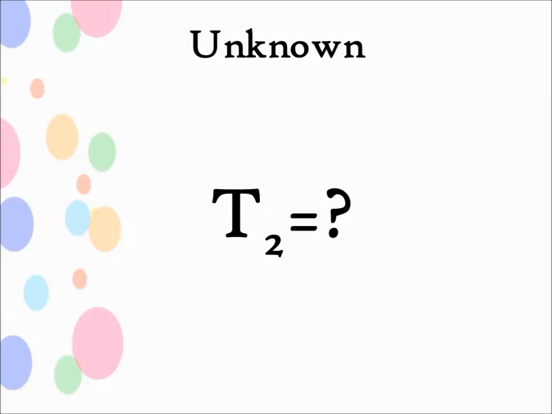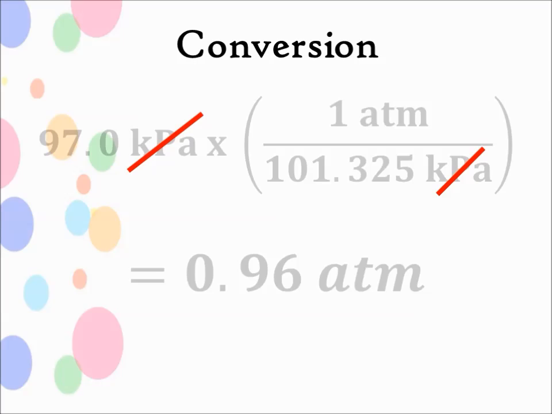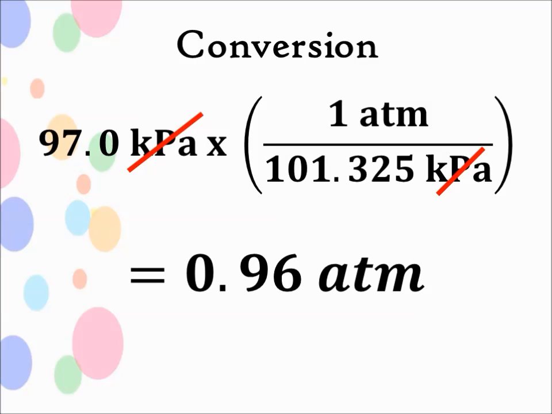Now, before we go to the solving, let's look back at our given. Take note that the pressure is given in kilopascal, meaning you have to convert. So, for our conversion, we have 97.0 kilopascal times the conversion factor.